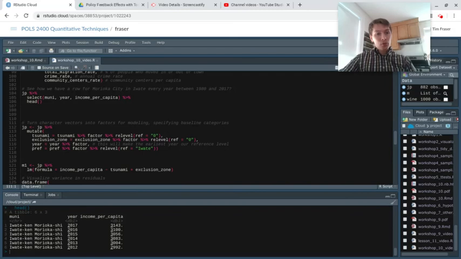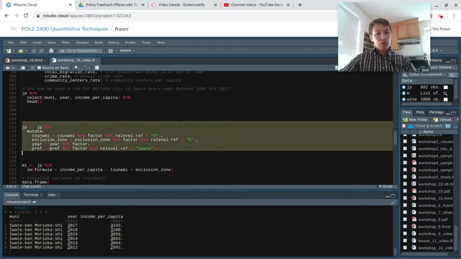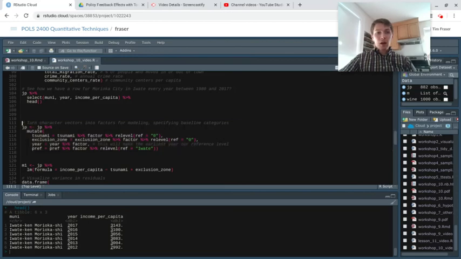Okay, so first we're going to turn our treatments into factors, where we say this is the reference category that we care about. So we say make tsunami a factor where the reference, the intercept, is going to refer to if the tsunami didn't hit you.